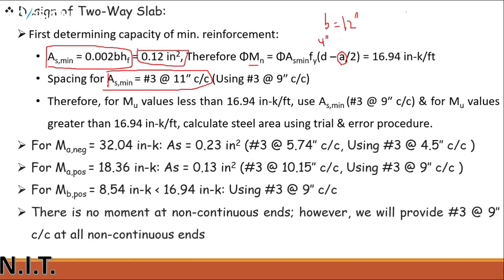Just put the values in that formula and you will get the value of small a. Then put all these values together and you will get the nominal moment, or the minimum moment, that is equal to 16.94. If any value is less than 16.94 or less than 0.12 inch square, then you have to provide exactly AS minimum steel.